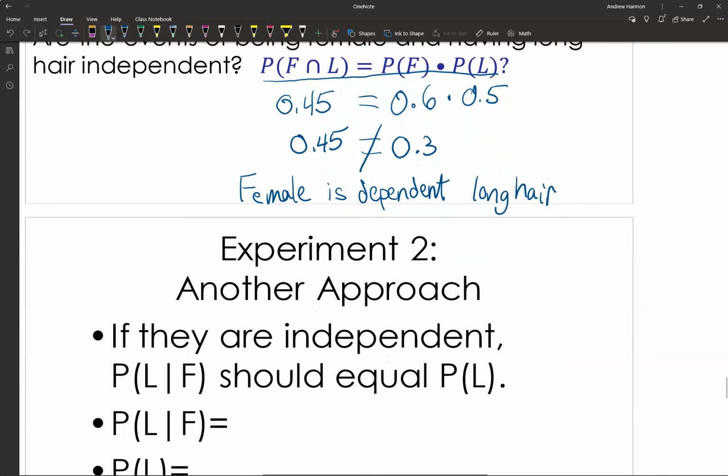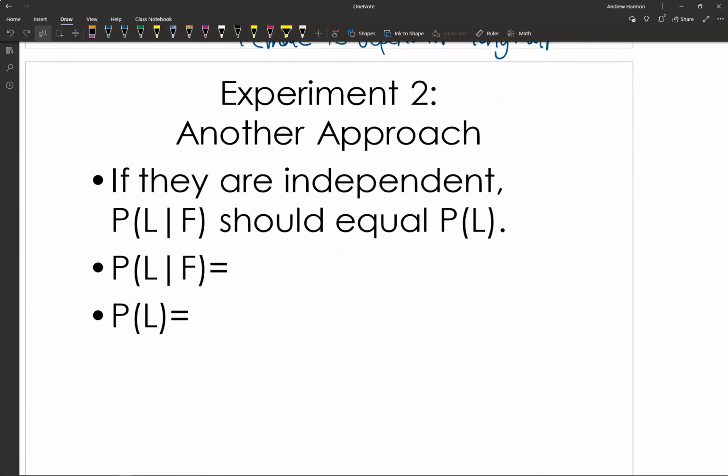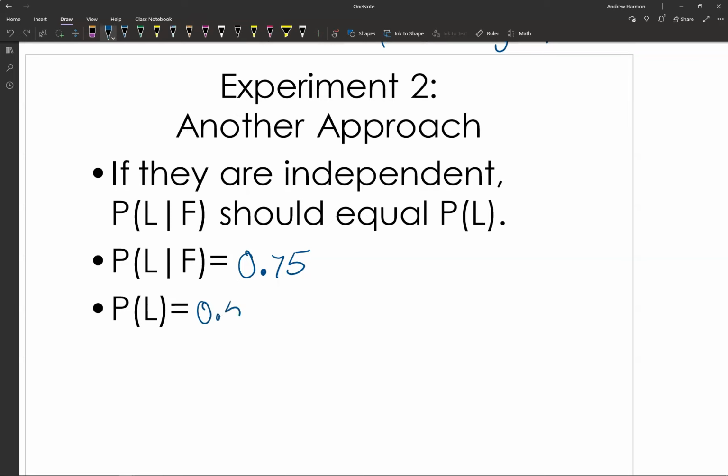We can look at it this way. If we know the probability of long hair given that you're a female, which we do know, they told us that that was 0.75. If that probability was the same as just having long hair, which in this case was 0.5, if those two probabilities were the same, then we could say that they are independent of each other.